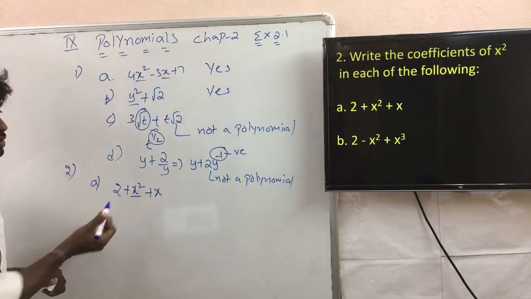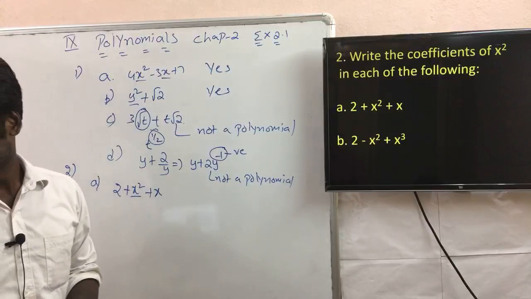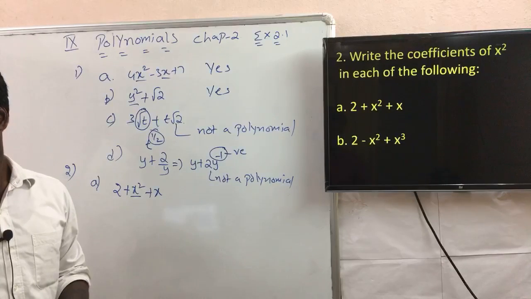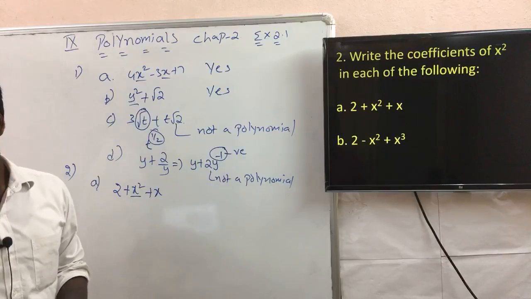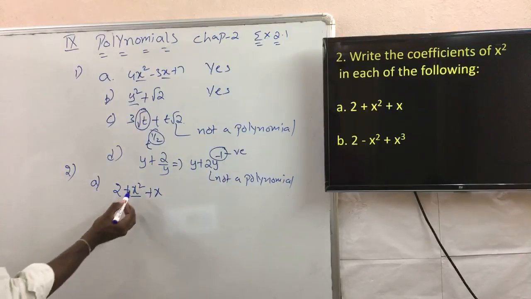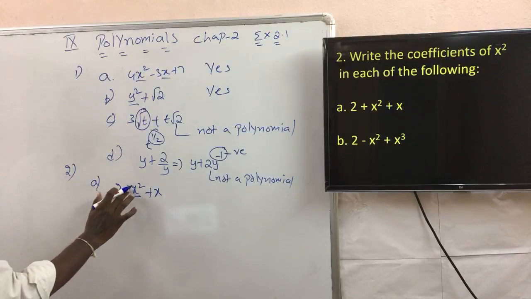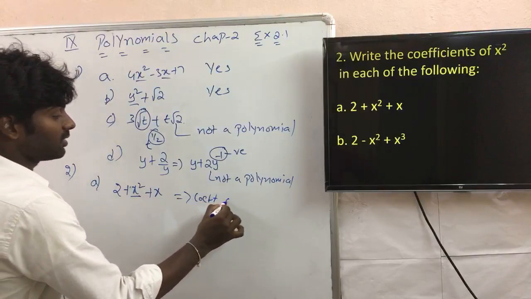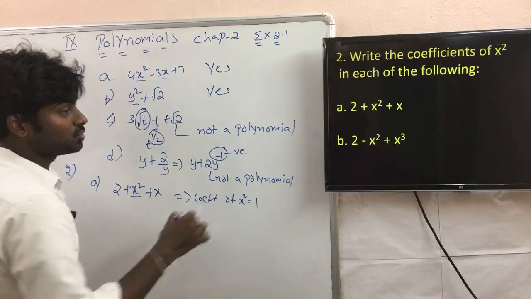What is the coefficient of x square? Coefficient of x square is 1.